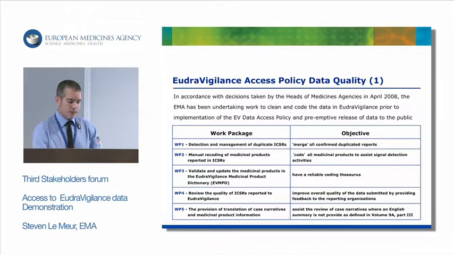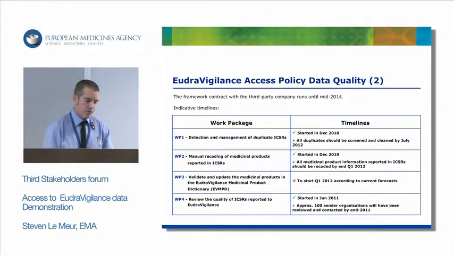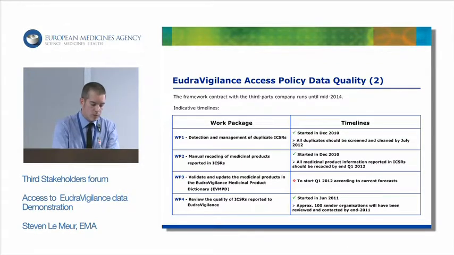Next slide, please. We have a framework contract with a third-party company that runs until the middle of 2014. This table shows some timelines for those work packages. For the detection and management of duplicates, the work started in December last year, and the aim is to have all the duplicates screened and cleaned by July 2012.